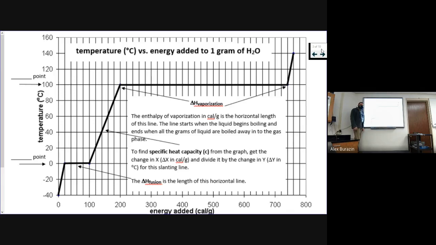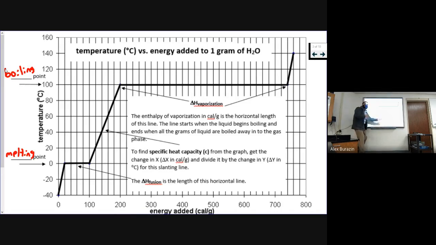As I go from left to right, I'm adding more and more energy to my sample. Now, this plateaus at 0. This plateaus at 100. What's the substance? Water. This up here is your boiling point or your condensing point. This down here is your freezing point or your melting point. Again, it just depends upon the direction you're going.